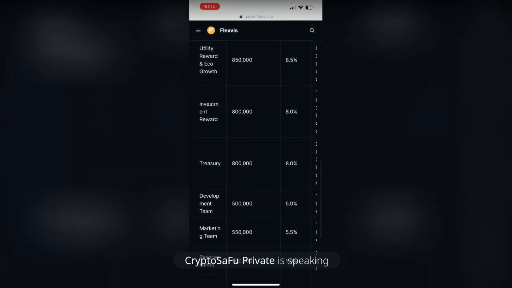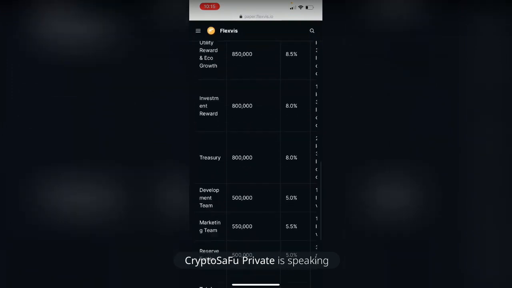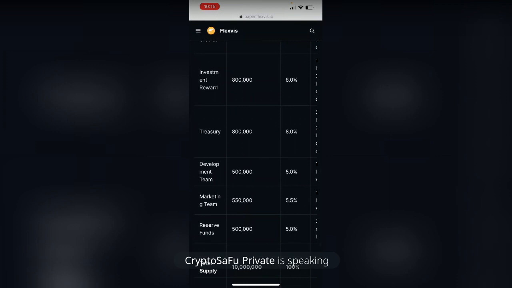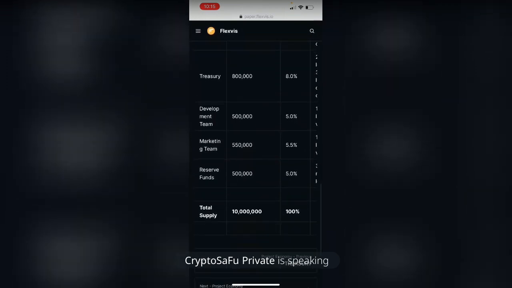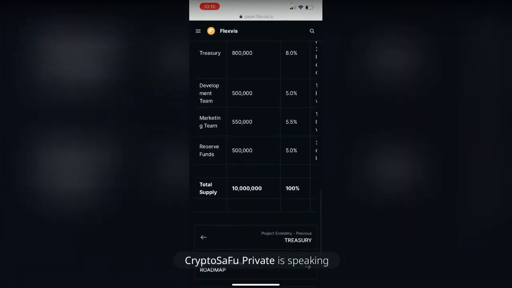For the investments, maybe their future plan, they are allocating 8%. Treasury, they are allocating 8%. Development, you can see 5%. Marketing team, 5%. Reserve funds, 5%. And this makes it a total supply of 100%. So that is how this particular project's token has been distributed.